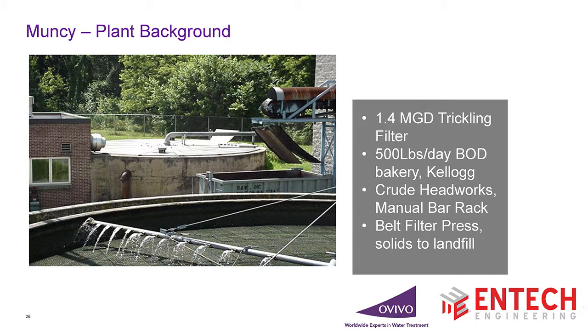About half to 2/3 of the BOD coming into this plant was from this bakery. We had a very crude headworks. It was a manual bar rack, so a lot of stuff got through into the process. Of course, there were primary clarifiers, so a lot of it settled there, but that primary sludge went into these aerobic digesters. So a lot of the junk, if you will, got into the digesters.